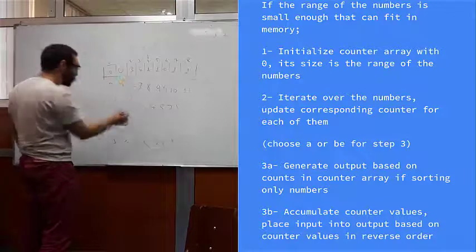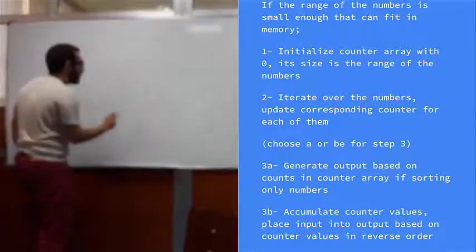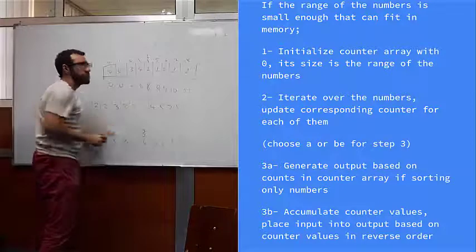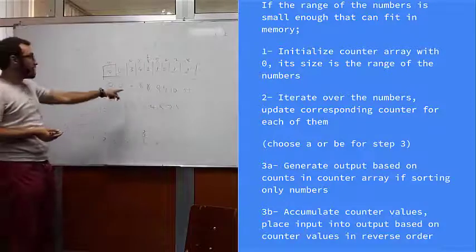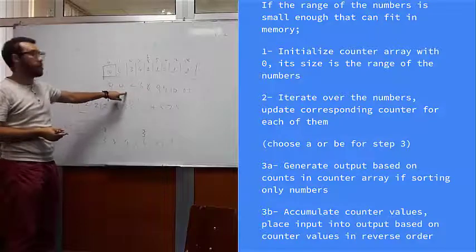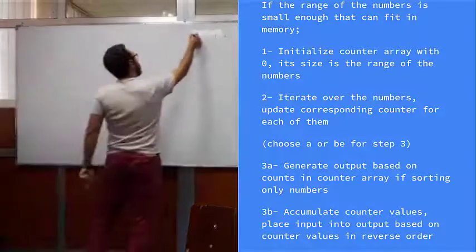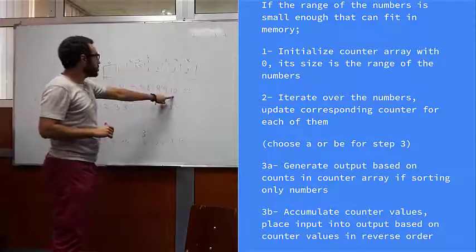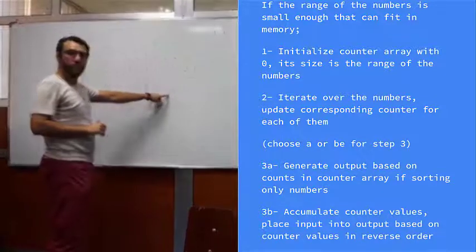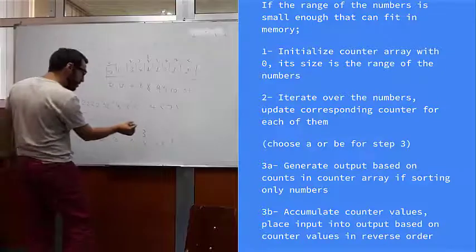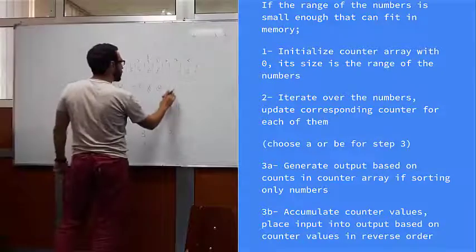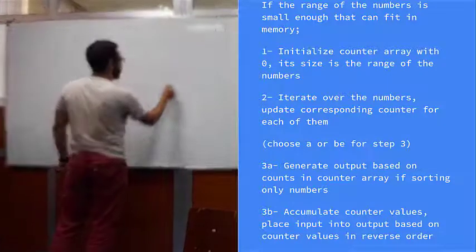So we place our 3 into 6, and then we decrease this by 1, because we have placed one 3. That's why we decrease this accumulated array count. And then we continue. Now we have 7. What was the last position for 7? 10 minus 1, 9. So we place 7 at 9, and then we decrease this by 1.